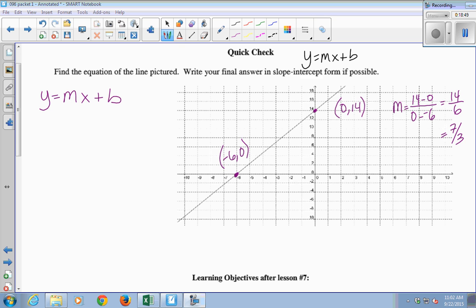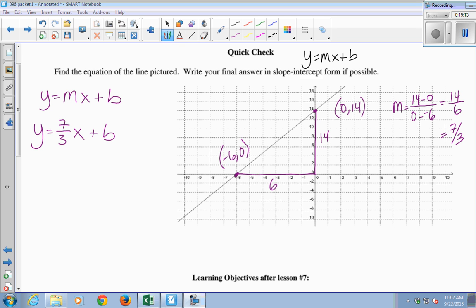Or some people like to do it graphically. If you draw a triangle, right, the rise of the triangle is 14, and the run has a length of 6. Right? So rise over run would be 14 over 6. All right, so I know the slope. So I come to my line and I replace m with 7/3.